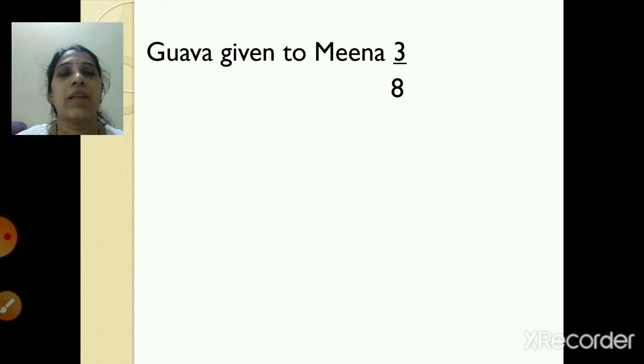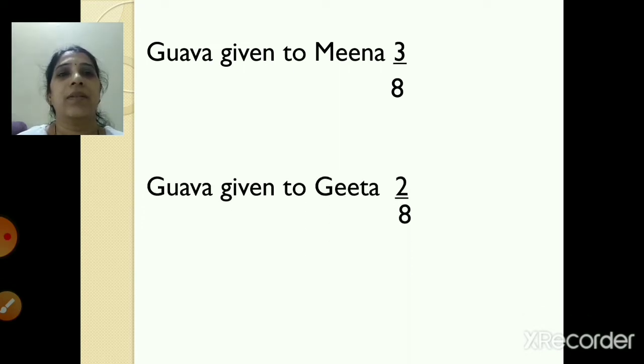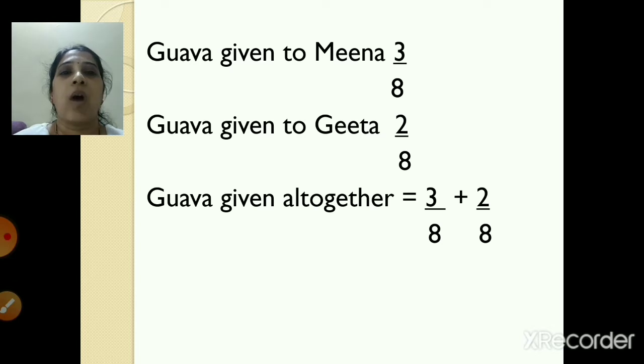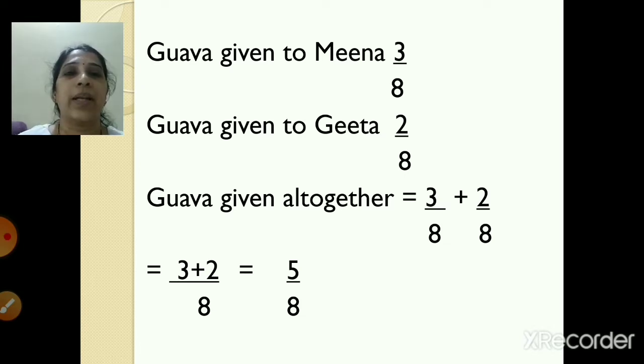So guava given to Meena is 3 by 8. Guava given to Geeta is 2 by 8. And guava given all together is equal to 3 upon 8 plus 2 upon 8. So how are you going to write it? Is equal to 3 plus 2 upon 8 is equal to 5 upon 8, because 3 plus 2 is 5.